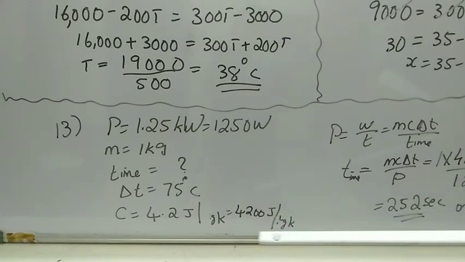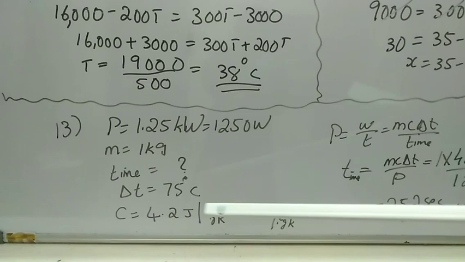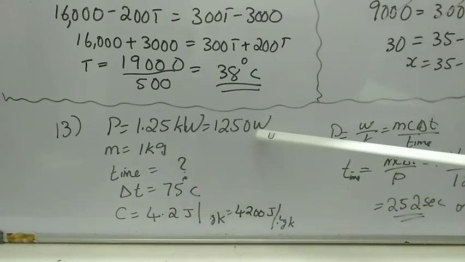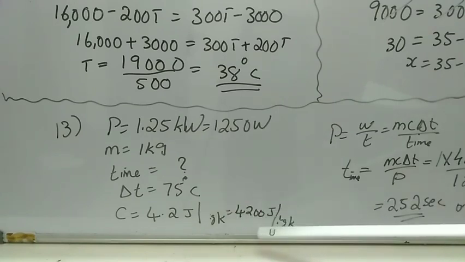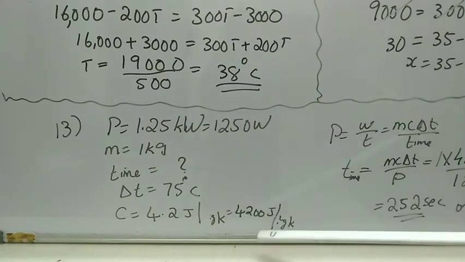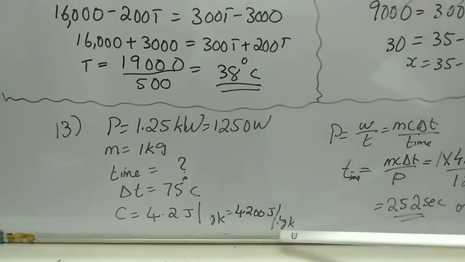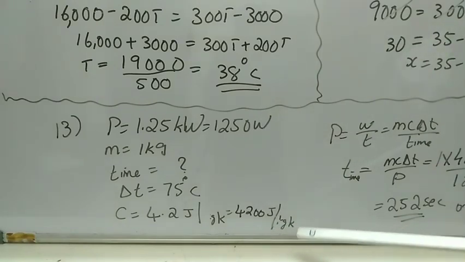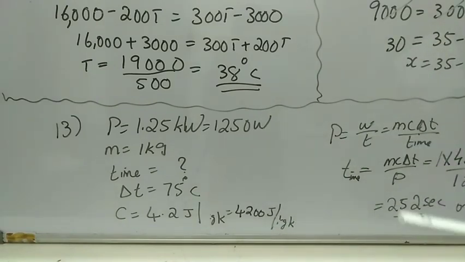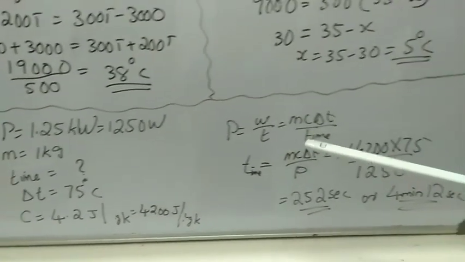Specific heat capacity of water is given 4.2 joules per gram Kelvin. Since mass is in kilogram, power is also in SI unit. Power and mass are in SI unit. We can convert specific heat capacity also to SI unit. Joules per gram Kelvin, converting to joules per kilogram Kelvin, that is 4200 joules per kilogram Kelvin. Now we are asked to calculate time. Power is equal to work by time.